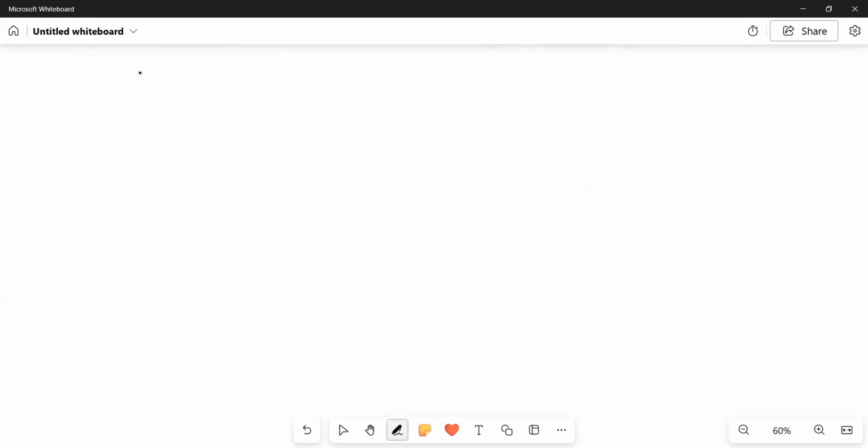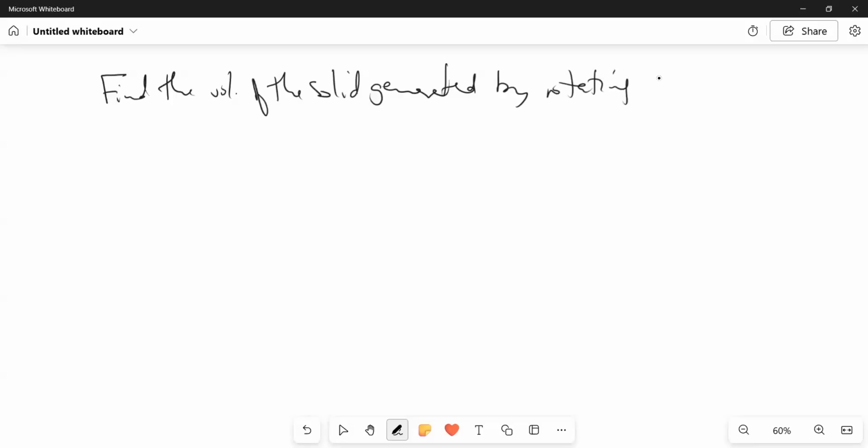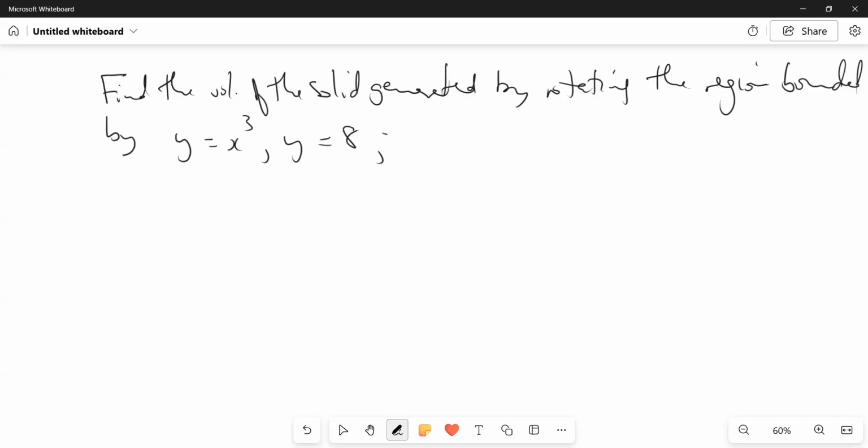So, okay, look at this one. They want you to find the volume of the solid generated by rotating the region bounded by y equals x cubed, y equals 8, and x equals 0 around the y-axis.